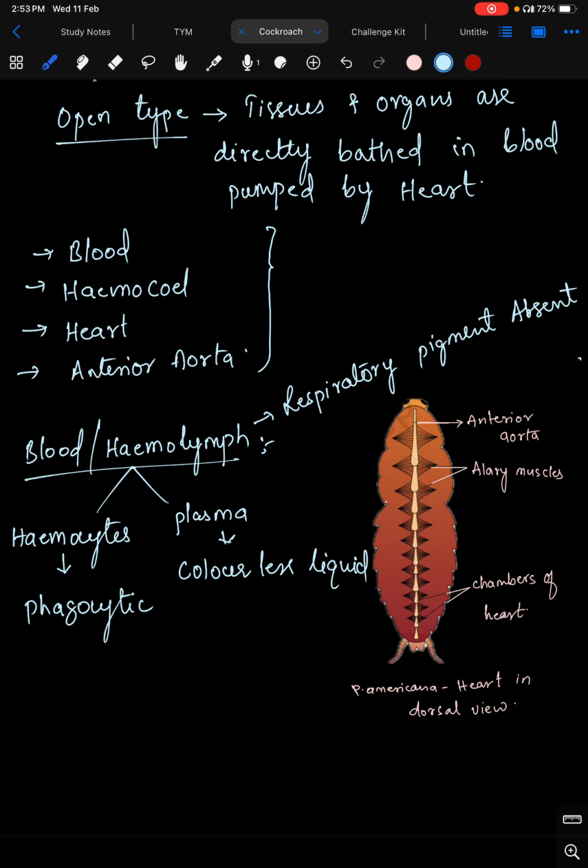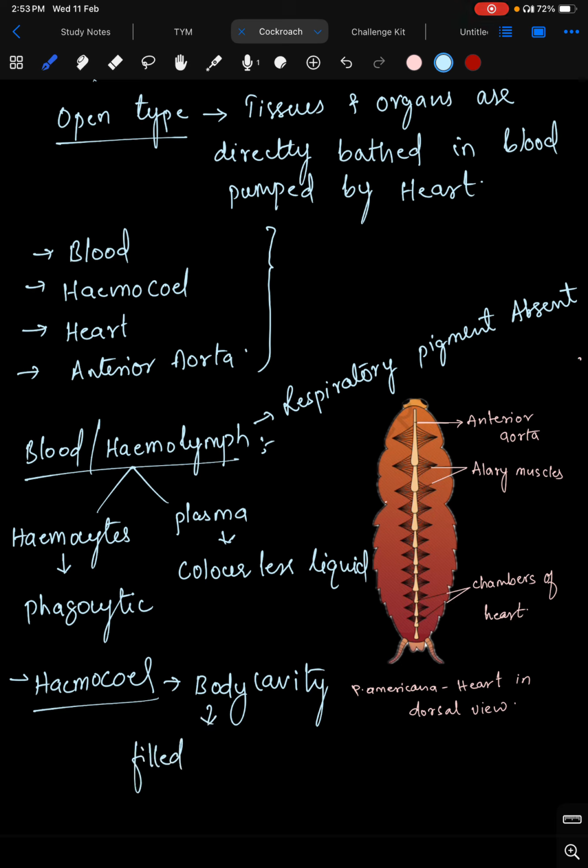Next is the hemocoel. Hemocoel is the body cavity, which is filled with hemolymph.